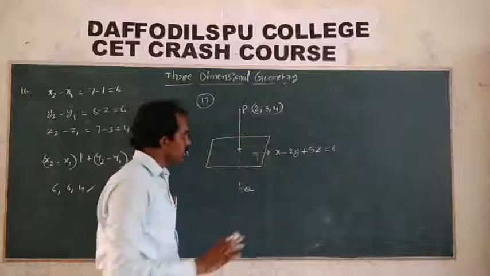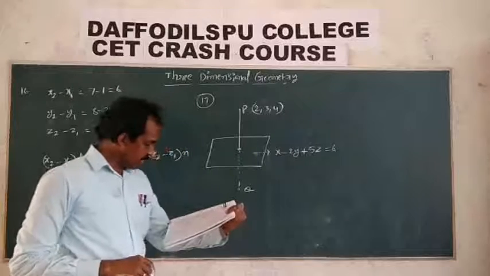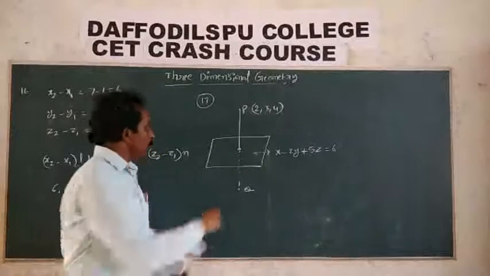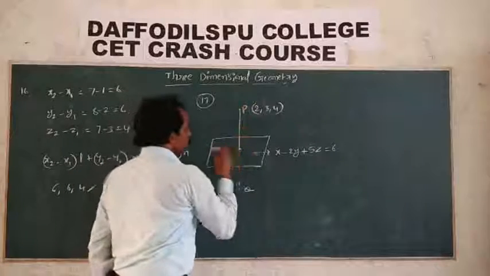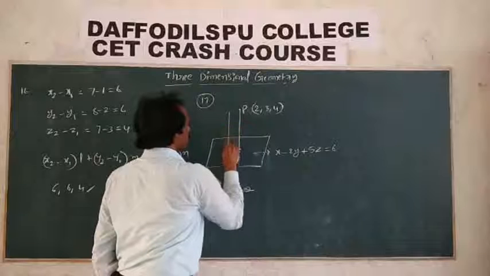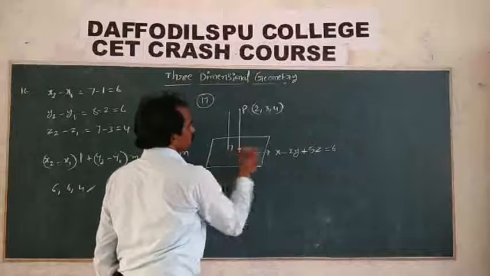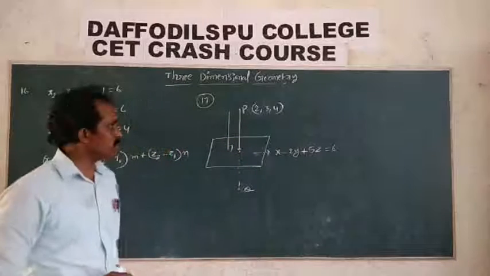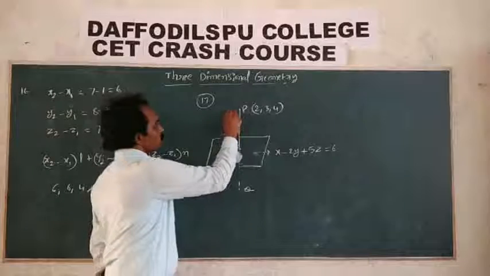That is the midpoint of P and Q. That is one method. And another is the equation of the line PQ. Okay. So this is the normal. The normal is always perpendicular to the plane.